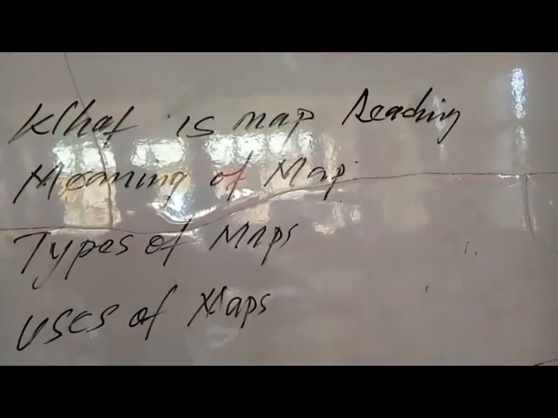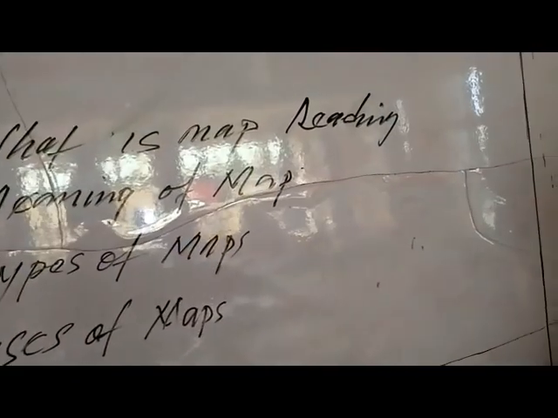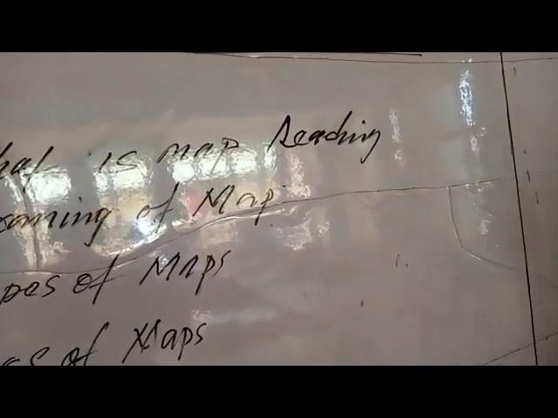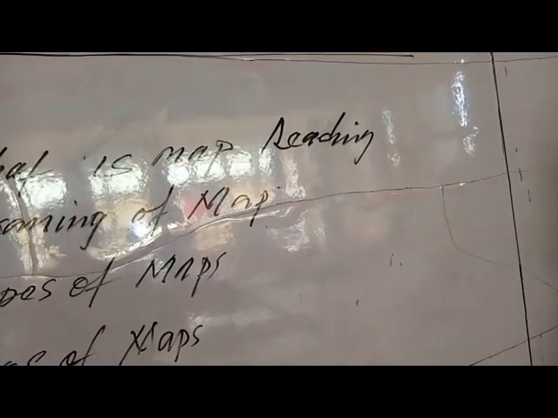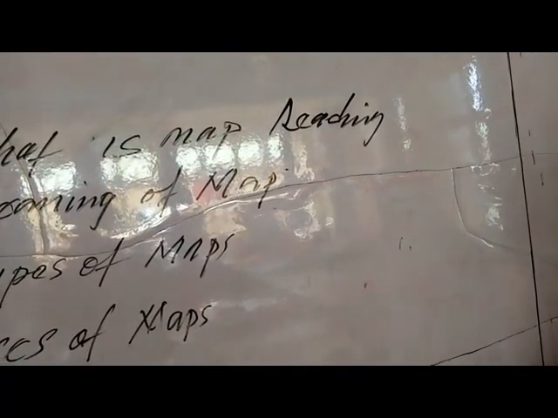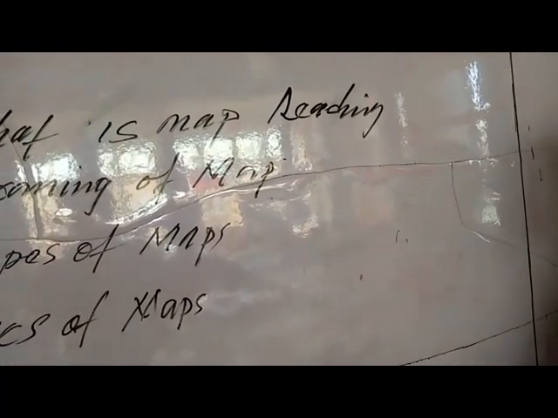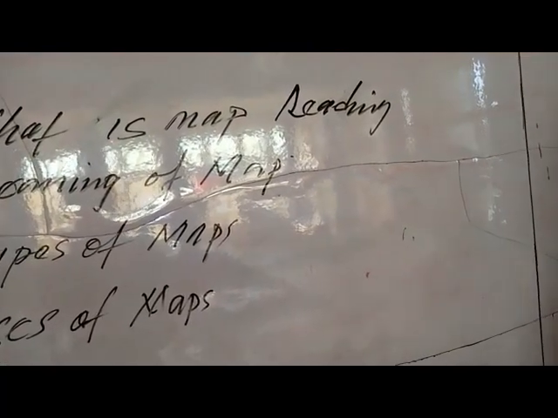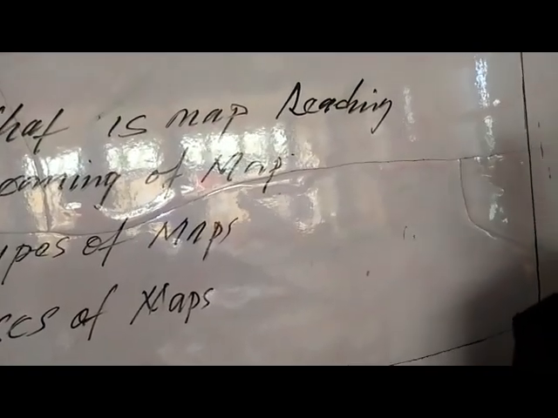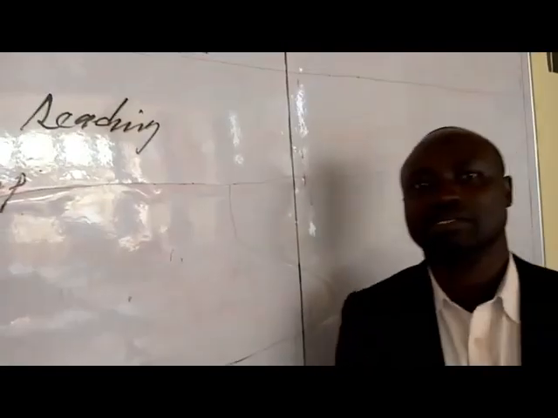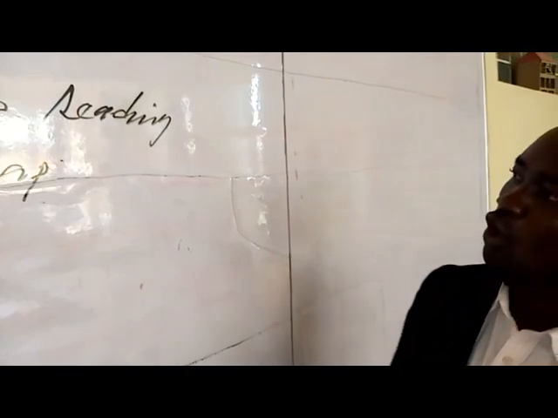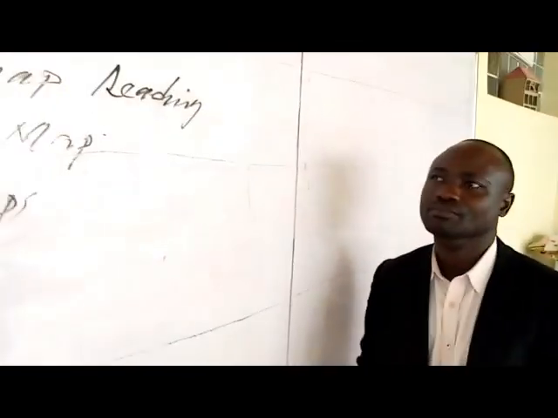And that is why we need to understand it. It is all about learning the skills, the terminologies, the signs, the symbols that are used by the cartographers or the map makers. That is for map reading.